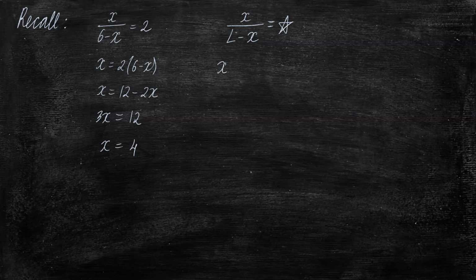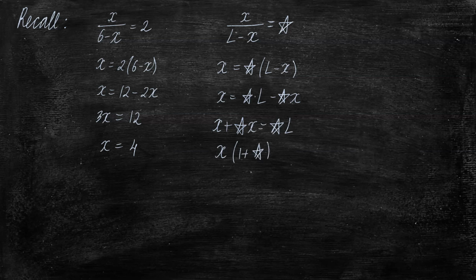And here we can put something else, it doesn't matter what you have here. We will multiply both sides by the denominator, then we will distribute, then we will add this many x to both sides, and then we would factor out x, and then we would isolate x by dividing both sides by 1 plus whatever that is.